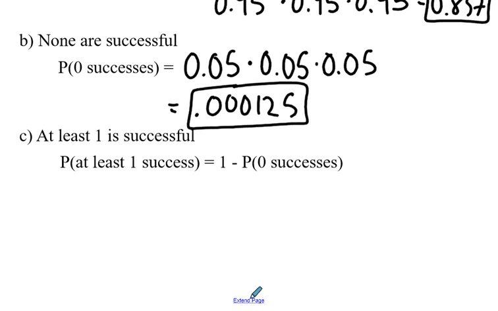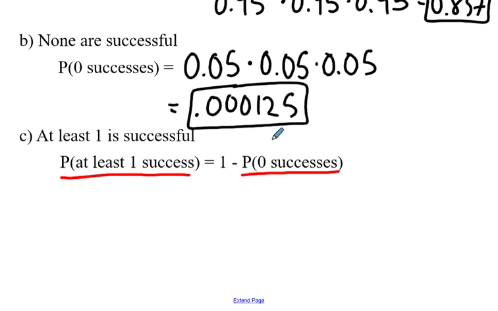So instead of finding all 3 of those events, I'm going to find the probability of getting the opposite. The opposite of at least one success would be 0 successes, and then I'll subtract that from 1 because that has to be what remains, because there's only 2 things that can happen. Either I get 0 successes or I get at least 1 success. If I find the probability of 0 successes, then the likelihood of getting at least 1 success would have to be the complement.